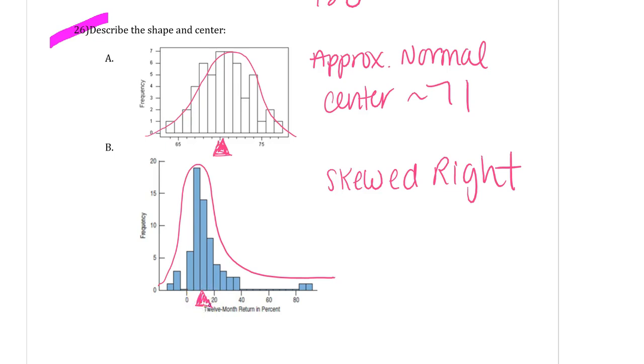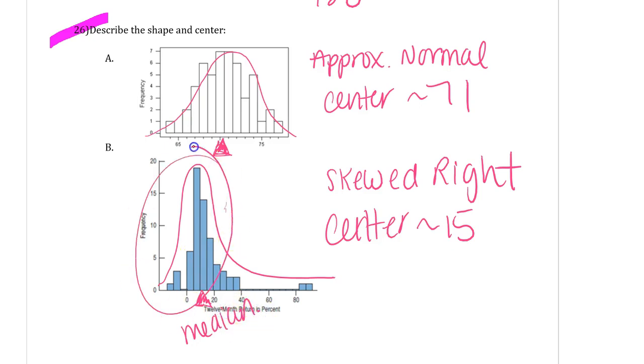Looks like it might balance around there, a little closer to the peak, so I'll say my center is about 15. Okay, and that center is actually the median, because most of your data is over here. So the middle value of your numbers is going to be closer to where most of your data is.